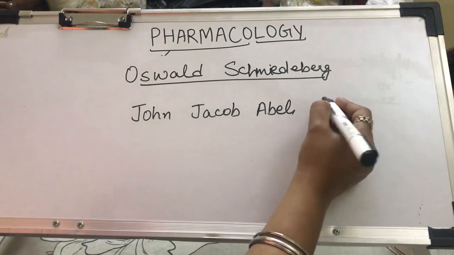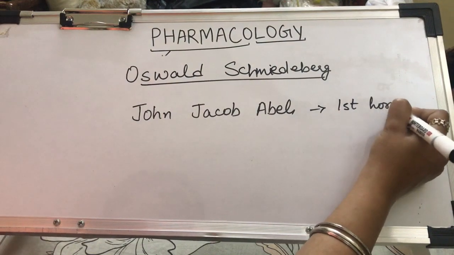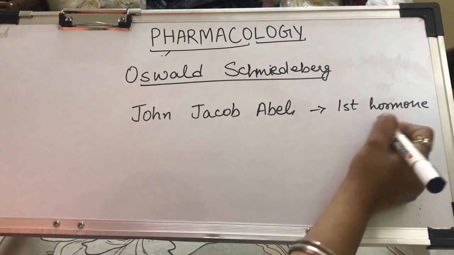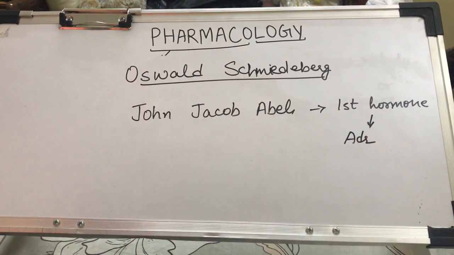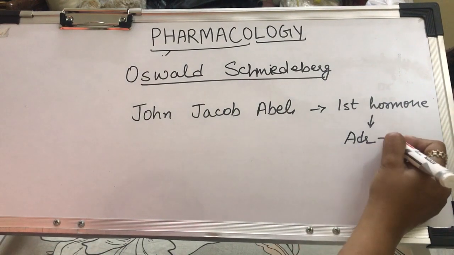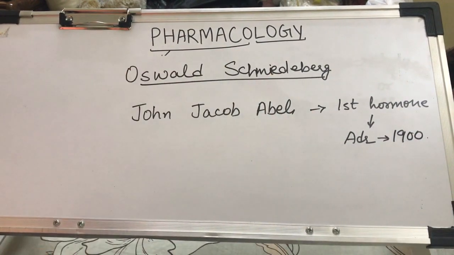He was the one who first isolated a hormone, and that hormone was adrenaline from the adrenal medulla. This hormone was discovered in 1900 by John Jacob Abel.